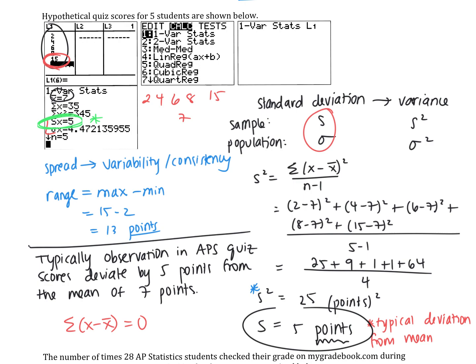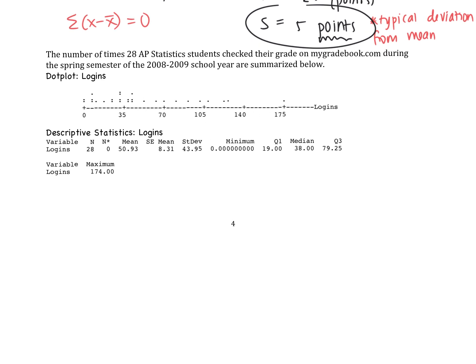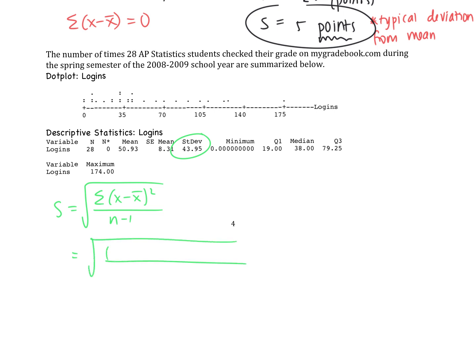Okay. 2 last things down here. This is the same output. Here's the standard deviation. So if I asked you in your homework, find the standard deviation, here's what I want to see. Formula. That's variance, though, so standard deviation, we're taking a square root. We're going to substitute. So take some x values.